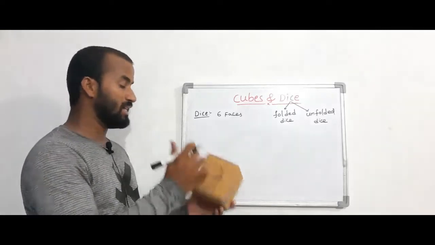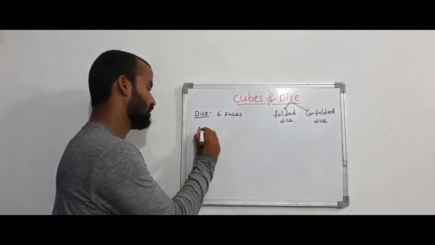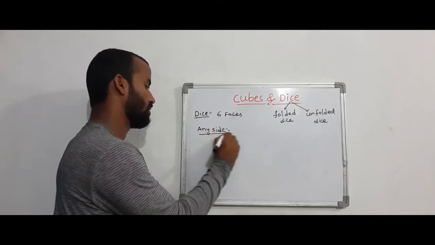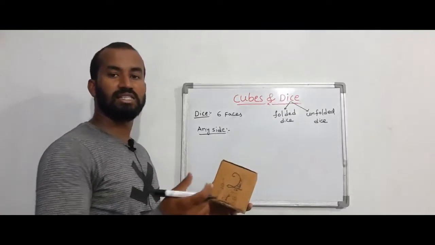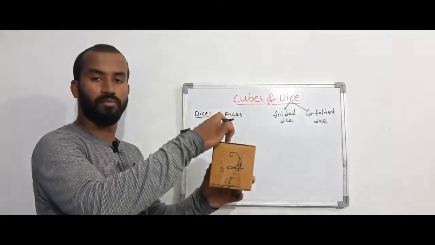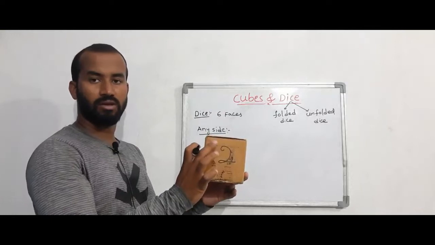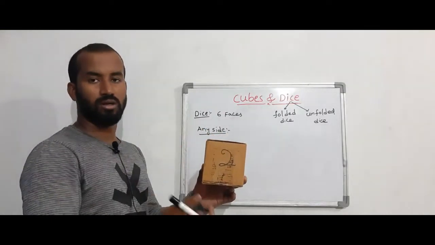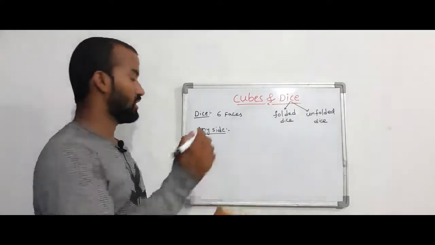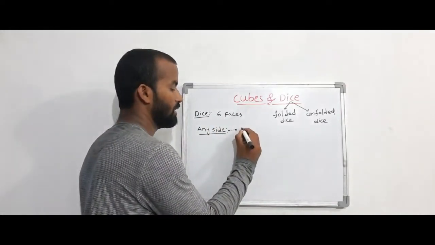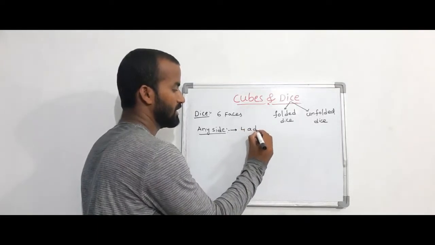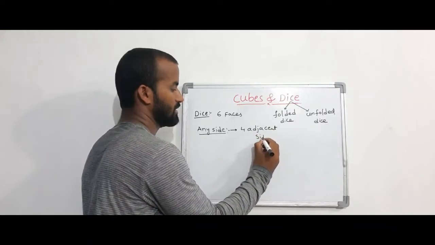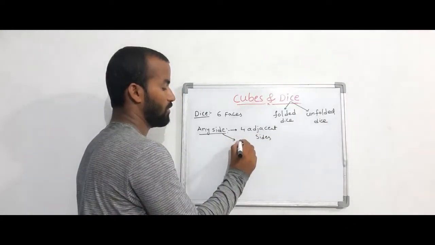Now for any side, there will be 4 adjacent sides. If I take top, right and left, front and back are the adjacent. Bottom will be the opposite side. For any side, there will be 4 adjacent sides and 1 opposite side.